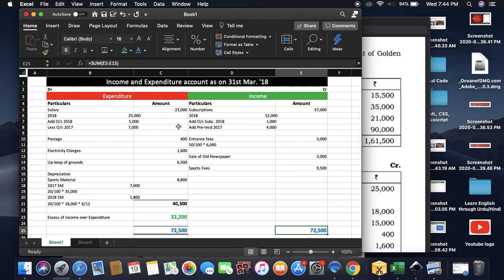And the side which has less, you can total it and write it before this, and then take the greater side minus the less side, will give you the balancing figure, which is excess of income. In case expenditure was more, you would have written over here and mentioned it as excess of expenditure over income.